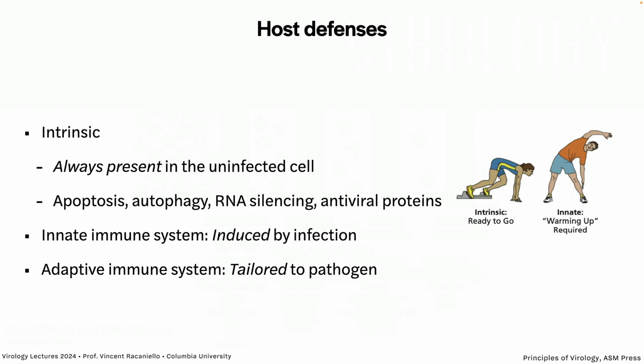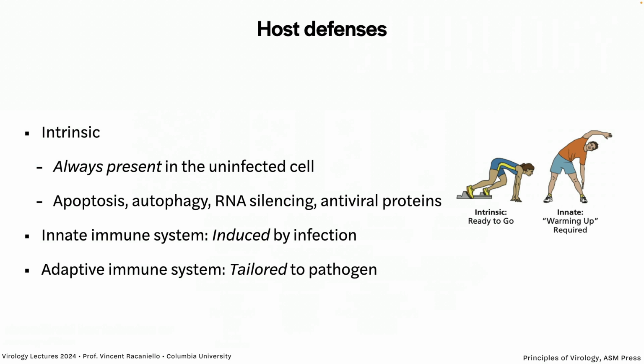So just to give you a clear picture of the distinction between the two. And remember, this is a human distinction that we make to try and understand and teach. Intrinsic defenses are always present in the uninfected cell. They include apoptosis, autophagy, RNA silencing, antiviral proteins, as you'll see today. And then the innate immune system is induced by infection.